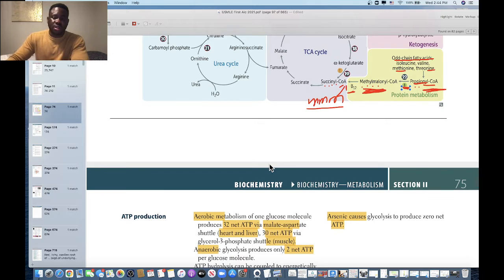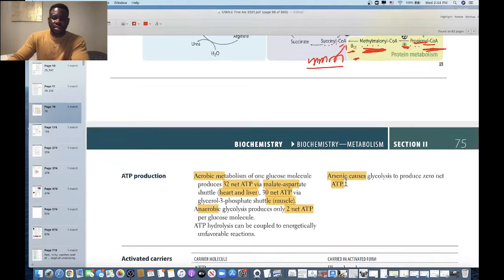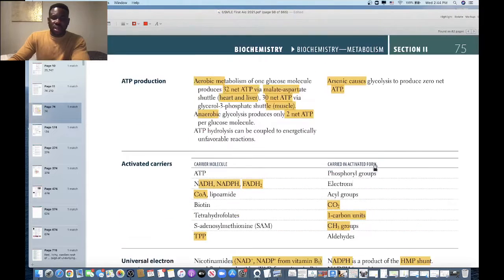Take note, B12 deficiency can present like this as well, with normal or elevated methylmalonyl CoA plus succinyl CoA, both of them elevated. But biotin deficiency, or propionyl CoA carboxylase deficiency, will lead to elevated propionyl CoA but low methylmalonyl CoA. Just take note of that. So let's go to organic acidemias in our page 85.